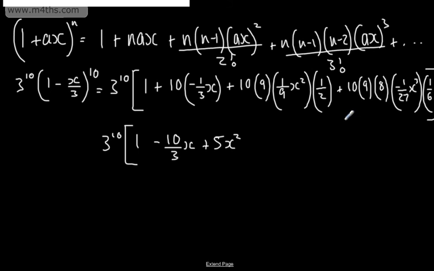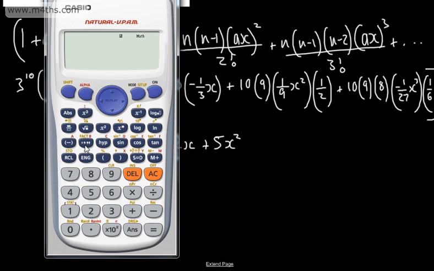Okay, with this one here, we can look to do a bit of simplifying. I've got a feeling that's going to be negative 40 with a bit of calculation in my head, but I'm not going to risk it. So let's just go ahead. So 10 times by 9 times by 8 times by negative 1/27. You can just do 1/27 and just make your answer negative.